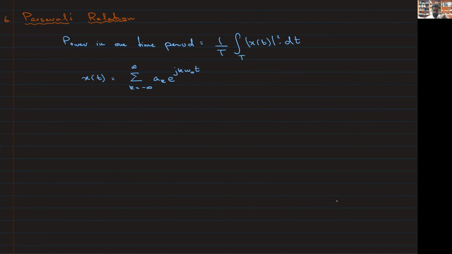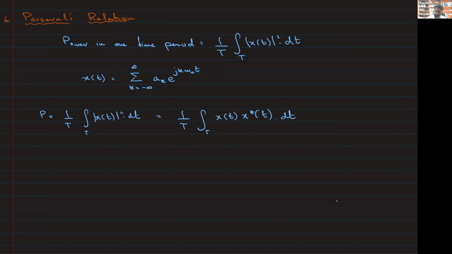Now if I plug this into the power, which is 1 upon T integral over T of x of t absolute squared dt, which I know is equal to 1 upon T integral over T of x of t times x conjugate of t dt, because x times x conjugate is the absolute squared.